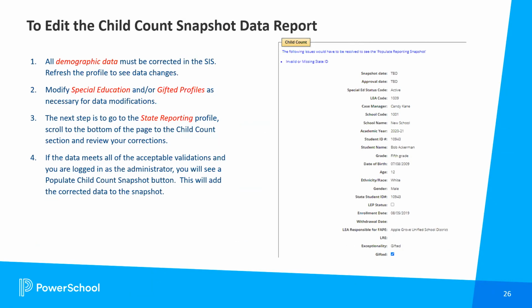You can click that, and it'll create the child profile that Kim talked about for the snapshot, and add that student to the snapshot, and the validations, because you correct them, will come off the validation error report. So that's how you'll be adding that.